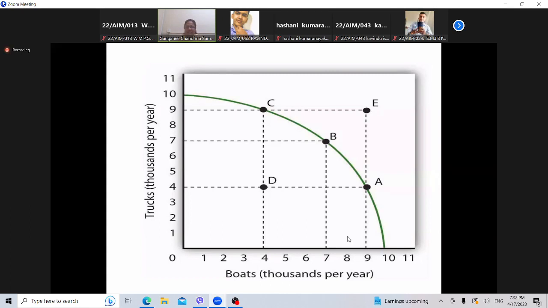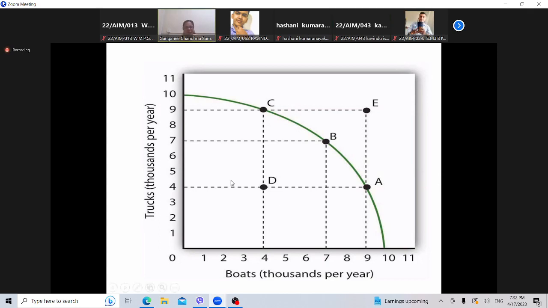Point D. So here is the production possibility curve, the production possibilities of producing trucks or of producing boats. So if the production possibility curve shows in the green line, what can you say about point D? Is it efficient or inefficient?